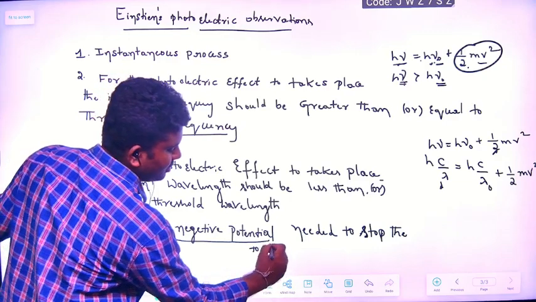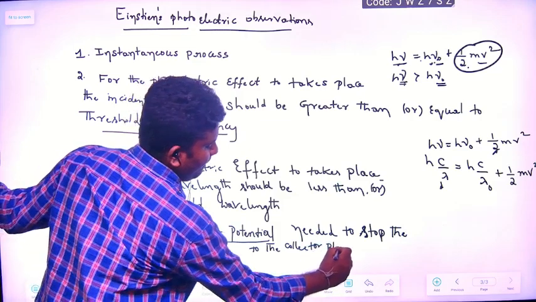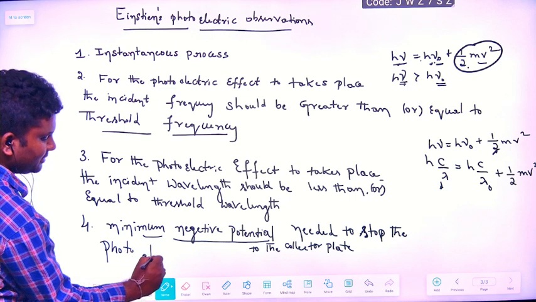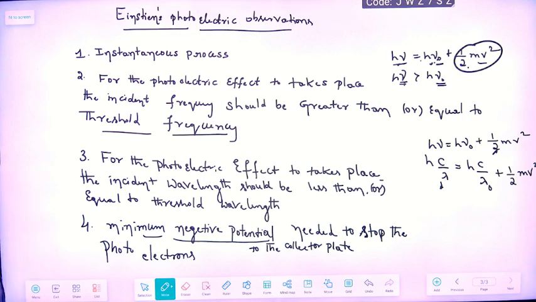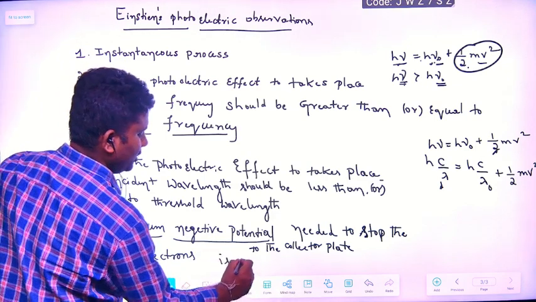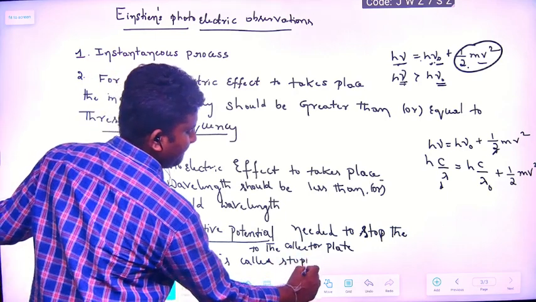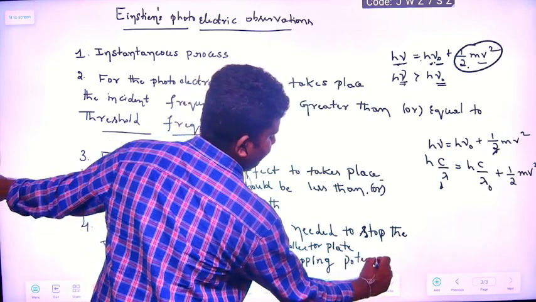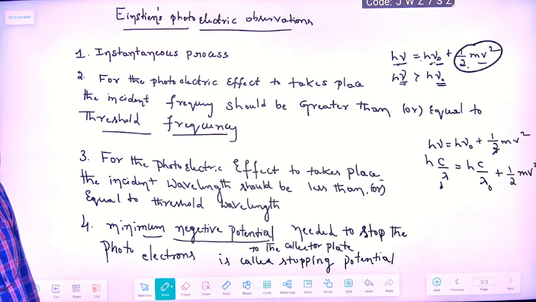Please remember this, to the collector plate. The minimum negative potential needed to stop the photoelectrons is called the stopping potential. This point is not actually needed, I'm just writing it. We already discussed this.